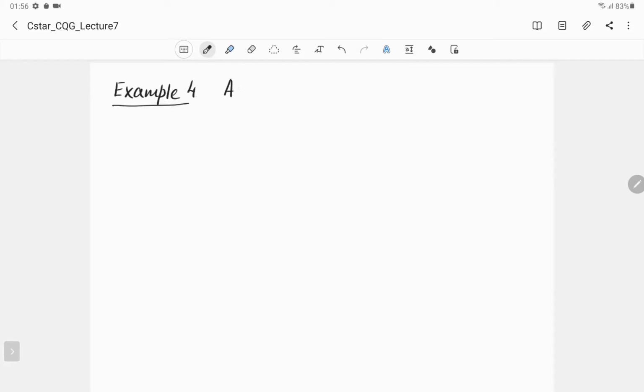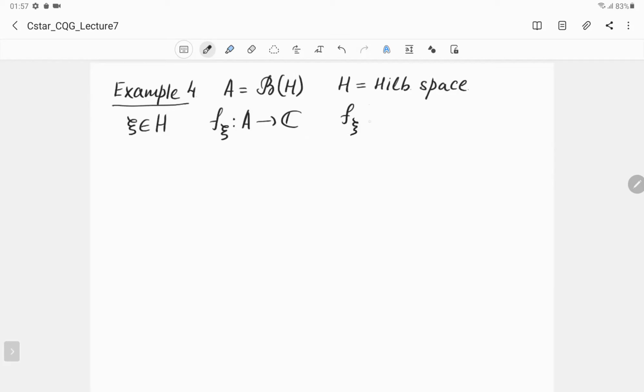Let now A be the algebra of bounded linear operators on an arbitrary Hilbert space, H. We take an arbitrary vector xi in H. And we define a linear functional f_xi on our algebra by the following formula. f_xi of T is the inner product of T xi and xi.